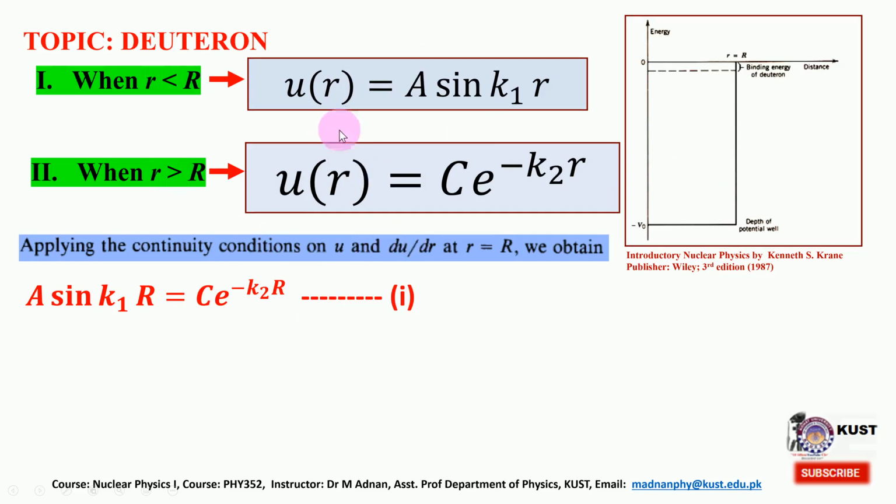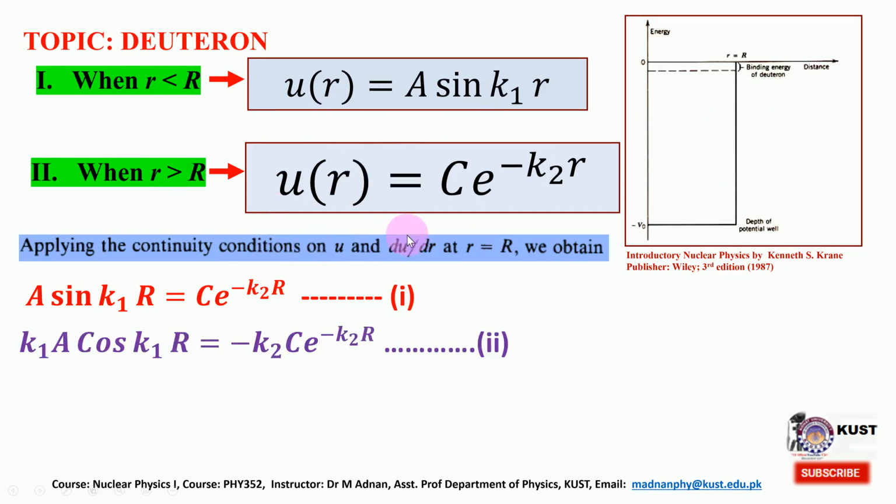The second continuity requires that we differentiate and equate at r equal to capital R. Differentiating A sin k1r with respect to r gives k1 A cos k1r, which equals the derivative of the second solution, minus k2 C times the same exponential factor.